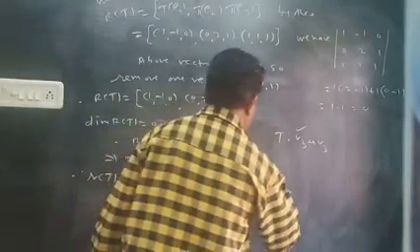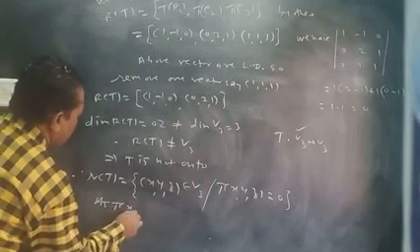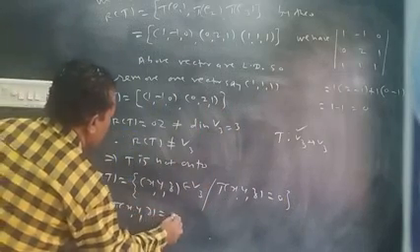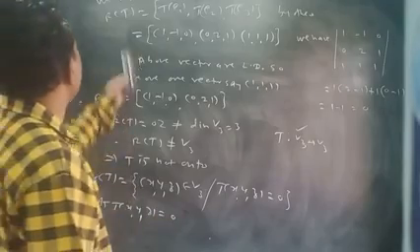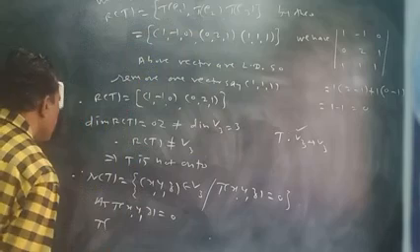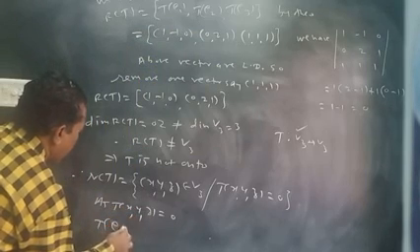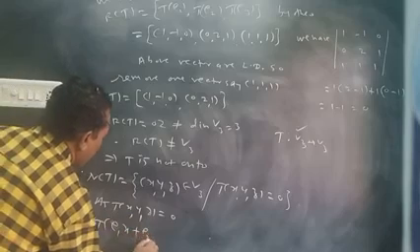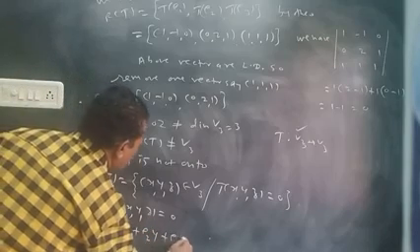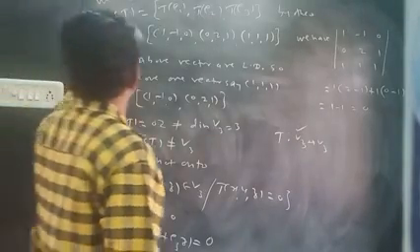So we solve separately. T is given in terms of E1, E2, E3, so we convert it: x E1, y E2, z E3 equals 0, because of the standard basis.